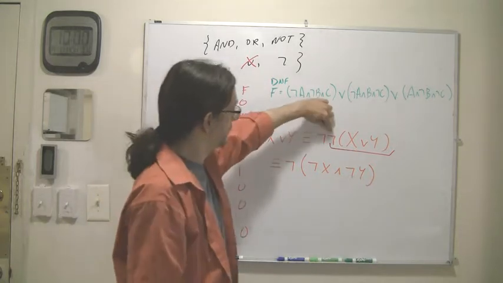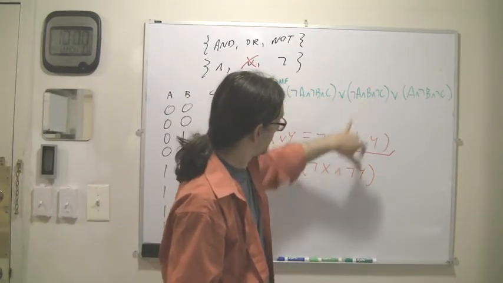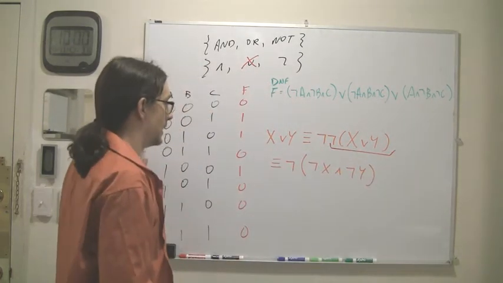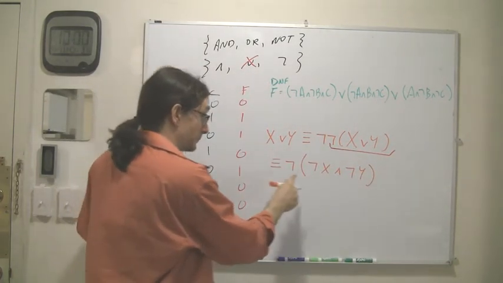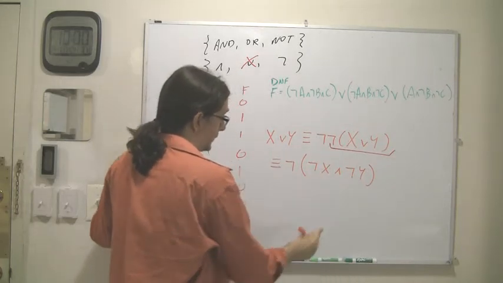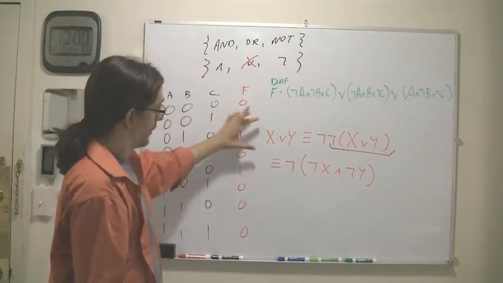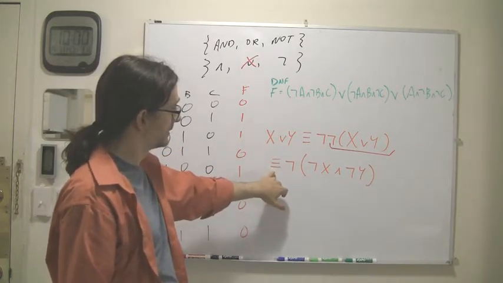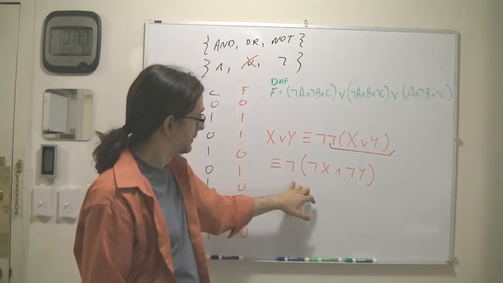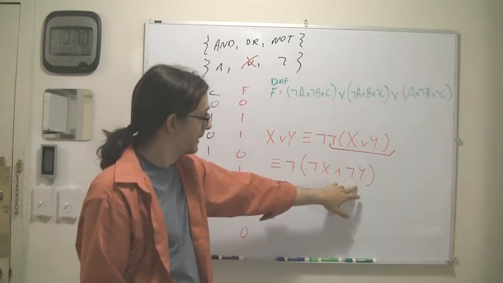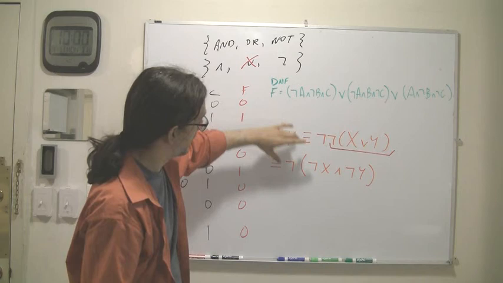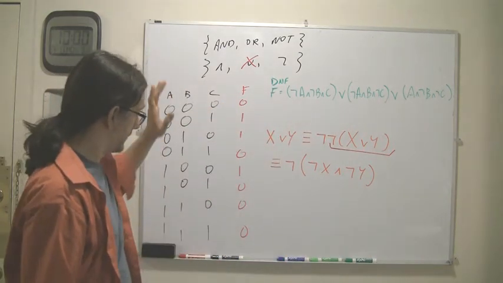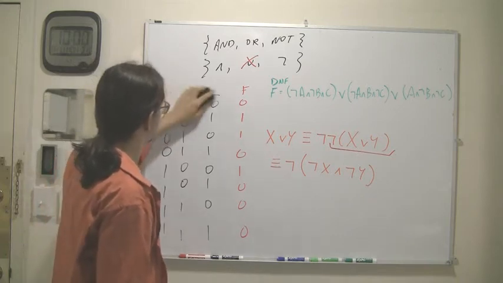Because the negation of an or becomes an and of the negation of each of the terms inside. So it has exactly the same truth table as this thing here, not (not x and not y). So if I want to write an OR, I can always rewrite it like this. But, and that's something you should be careful about.